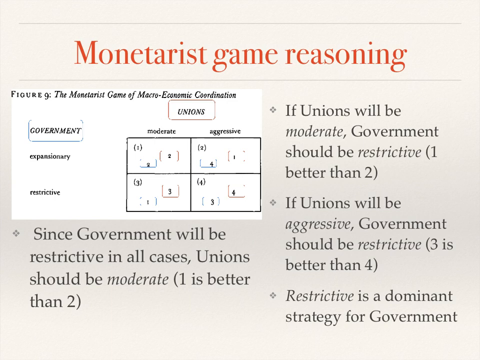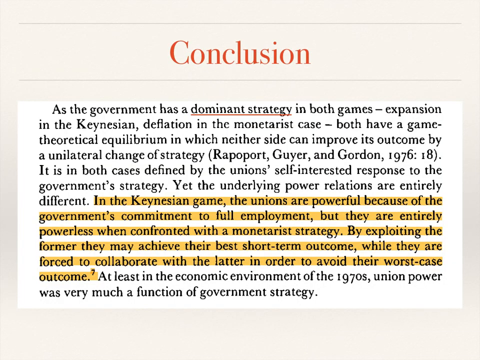So they're choosing between their third best option and their fourth best option. They're going to choose their third best option. So we have this square here as a Nash equilibrium. So now we're done.